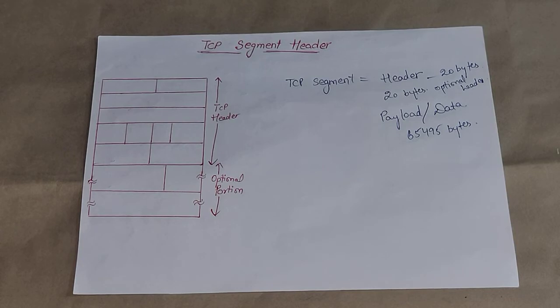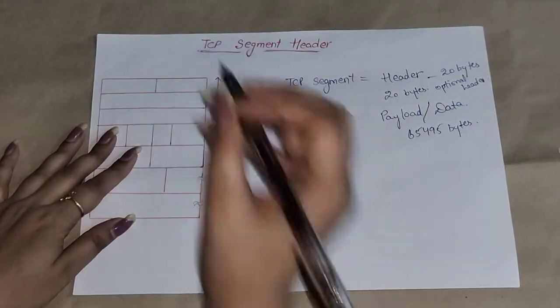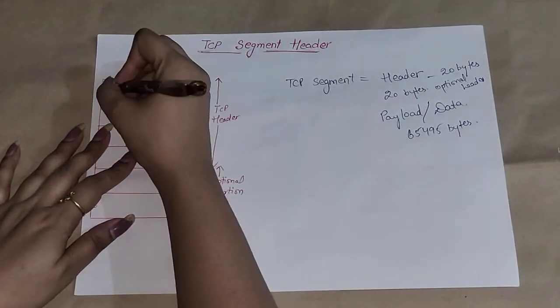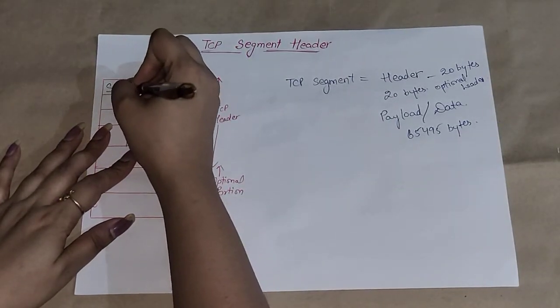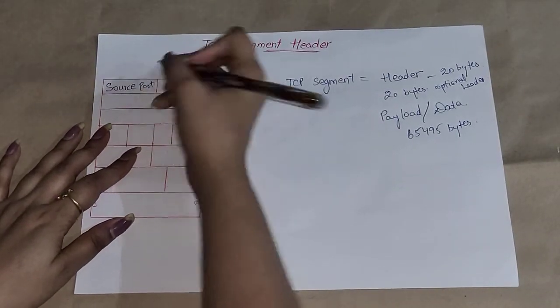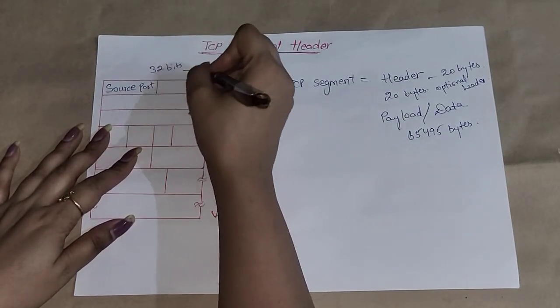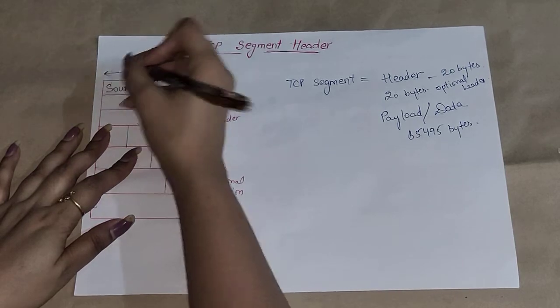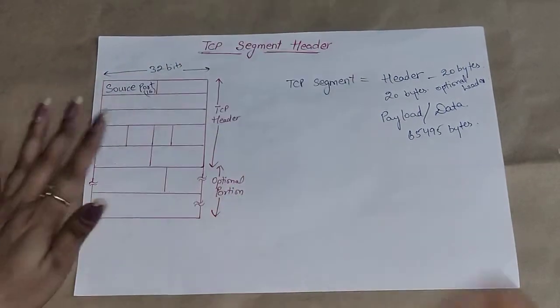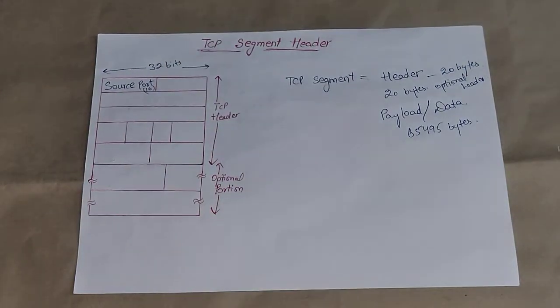The first field of TCP segment is source port. Of the 32 bits, the source port is of 16 bits. This field is of 16 bits.